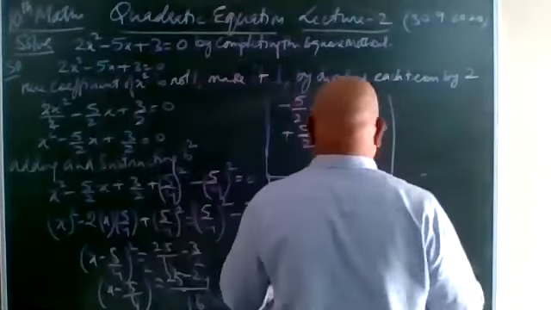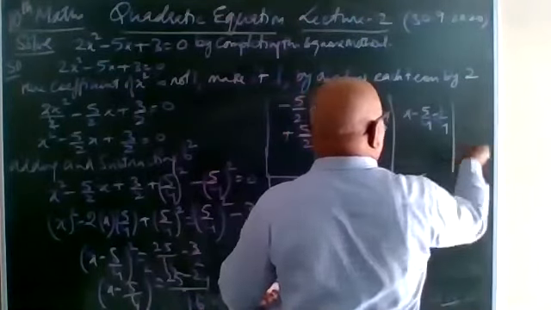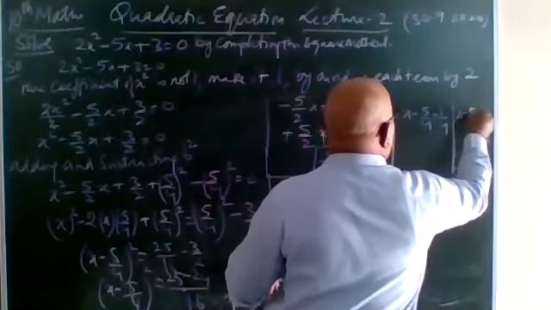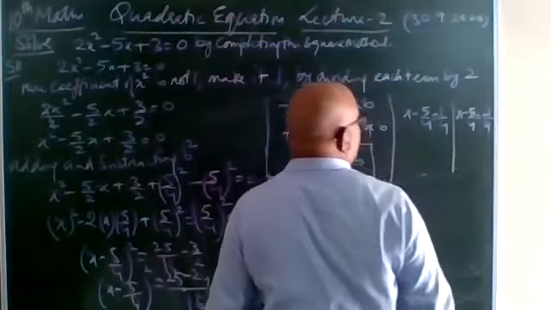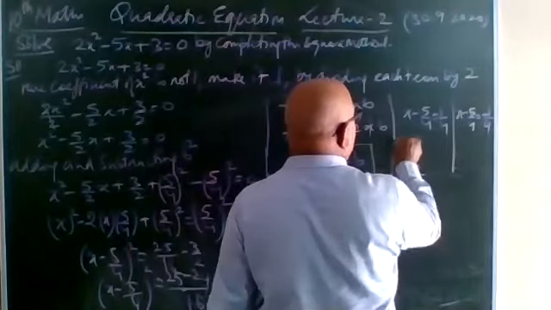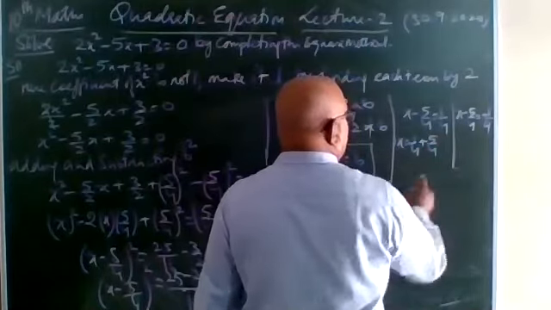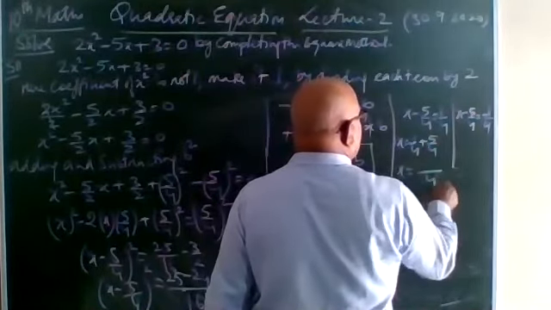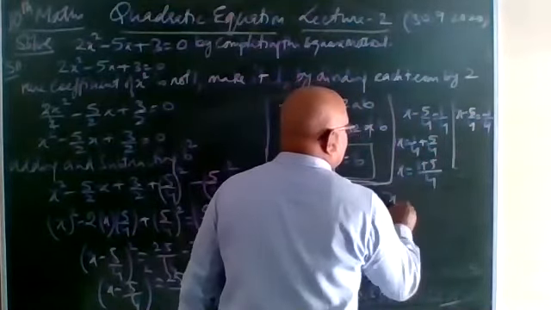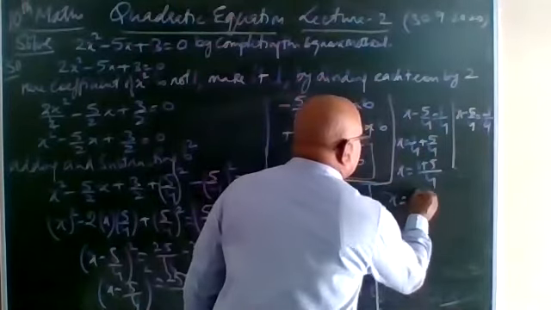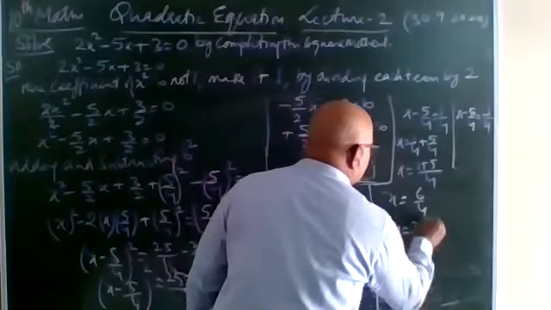After that, x minus 5 by 4 equal to 1 by 4, or x minus 5 by 4 equal to minus 1 by 4. So x equals 1 by 4 plus 5 by 4, which is 6 by 4, that is x equals 3 by 2.